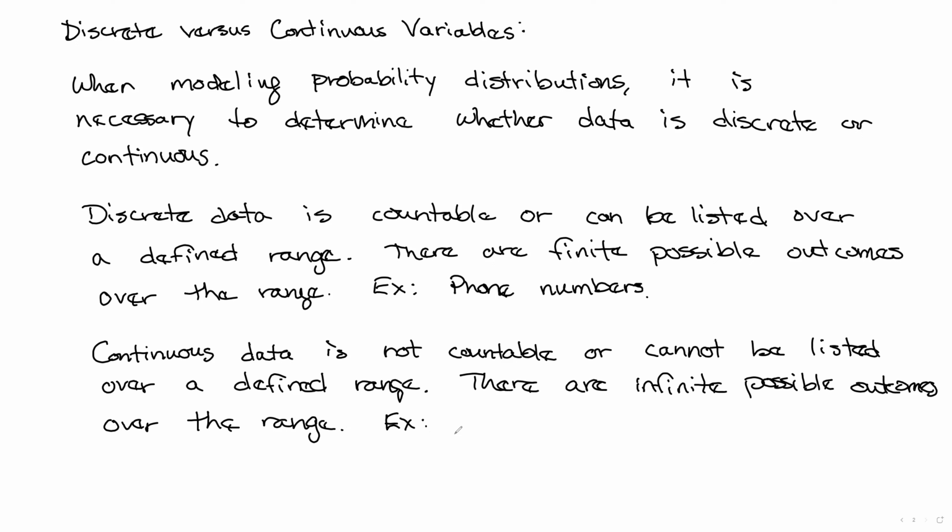Examples of things where you can do that are measurements, like a weight or a height, or time. So in terms of weight, let's say you weighed yourself and you weighed 140 pounds.